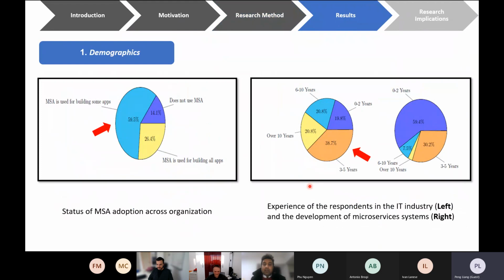In the development of microservice systems, they were not that expert. So did you consider weighting the answers, or making a projection of the answers based only on those that have more experience? Or is it just the overall thing?